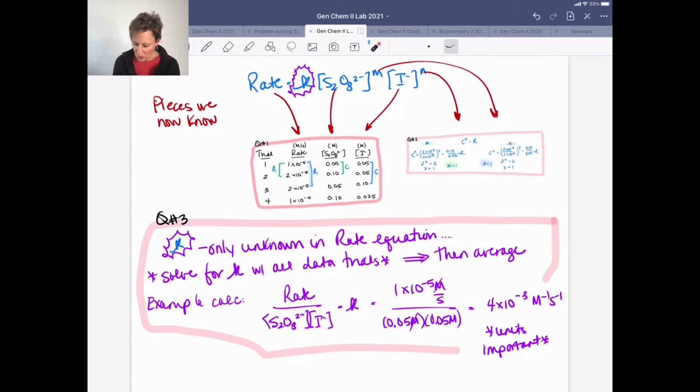So it's very important that we look at the units of rate, molarity per second, and the units of our concentrations. Because they are not squared or anything, it's just molar times molar. So the units of our rate constant end up being reciprocal molar, reciprocal seconds, which is the rate constant we'll see for a process that's second order overall.